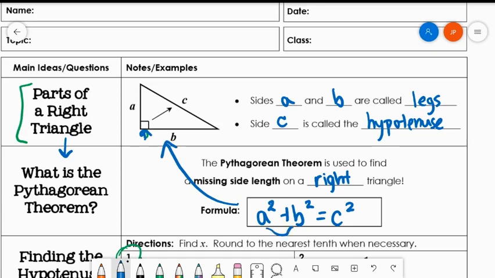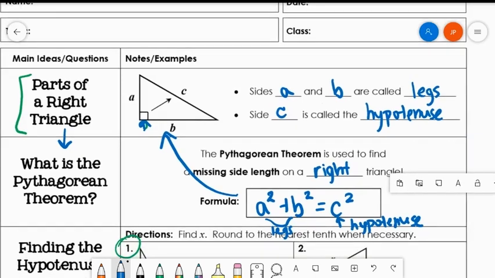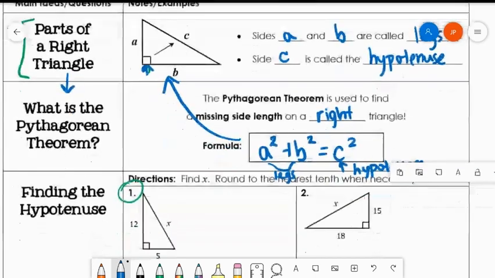So a and b are my legs, and c is the hypotenuse. That's really the most important part about these problems, figuring out what the hypotenuse is. Because a and b, I can name either of those legs a or b, it doesn't really matter. The most important part is c.